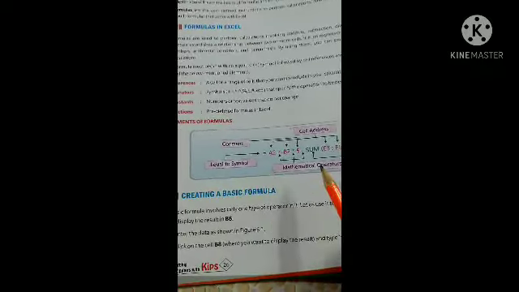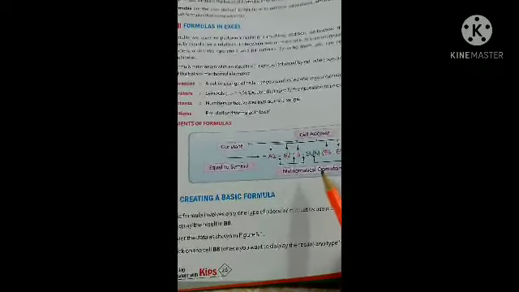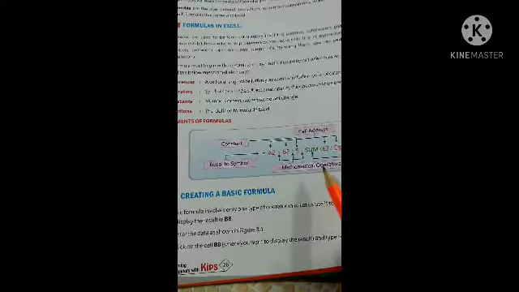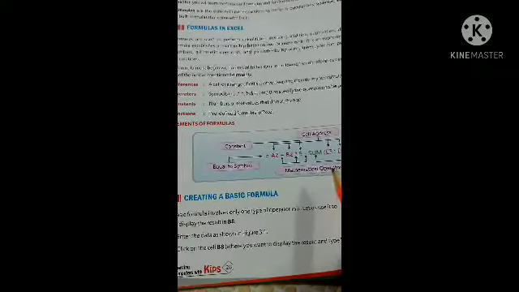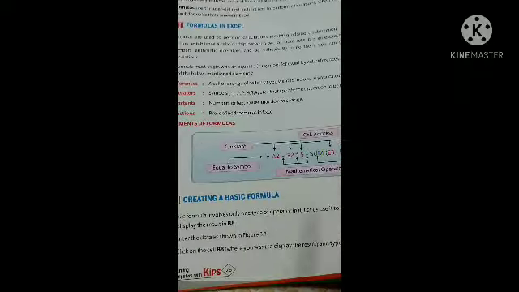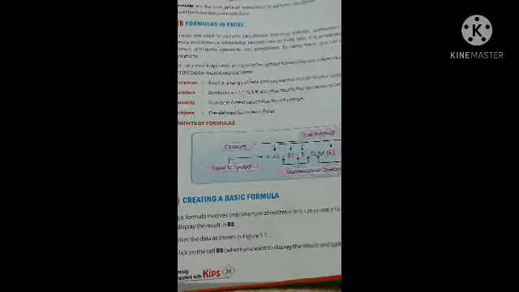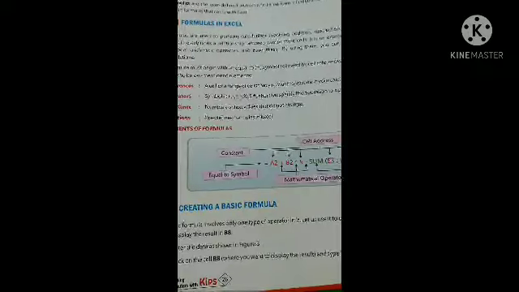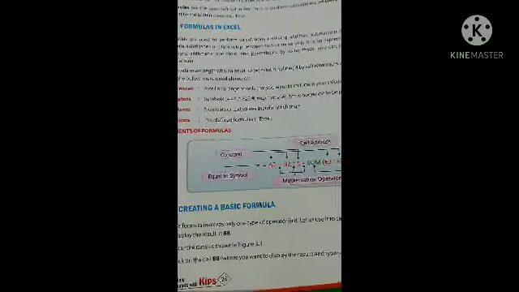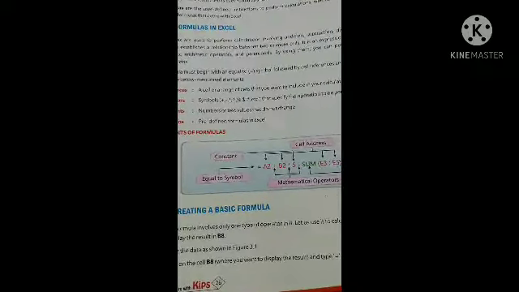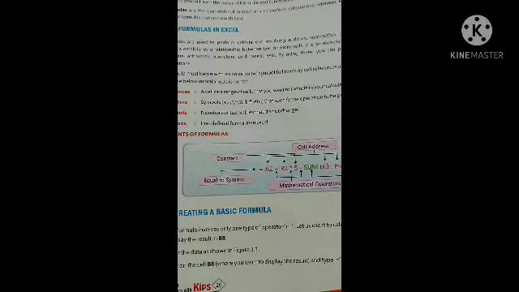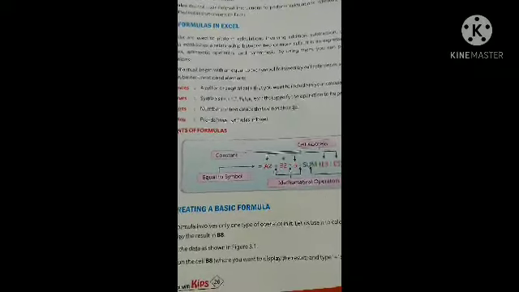First is a reference: a cell or a range of cells that you want to include in your calculations.